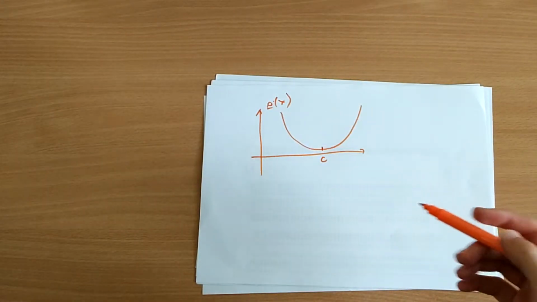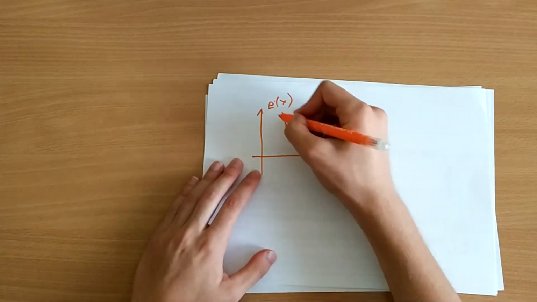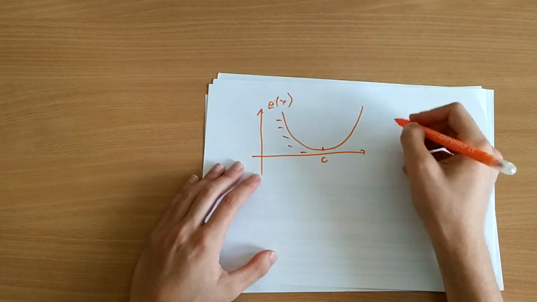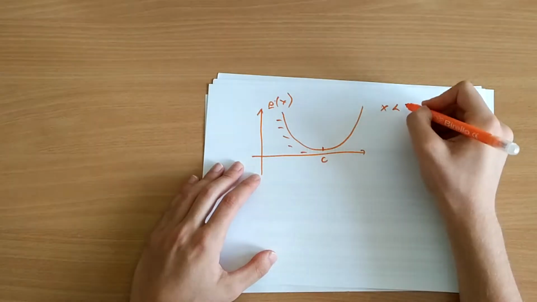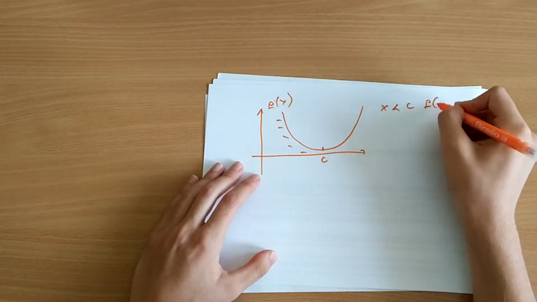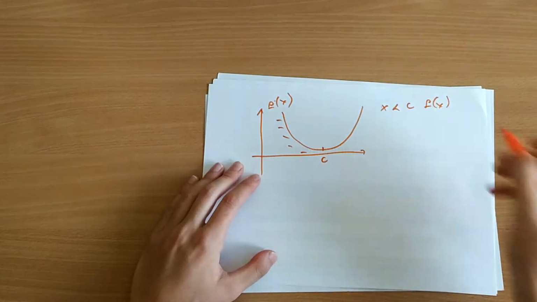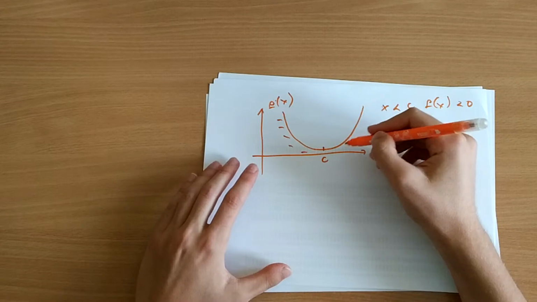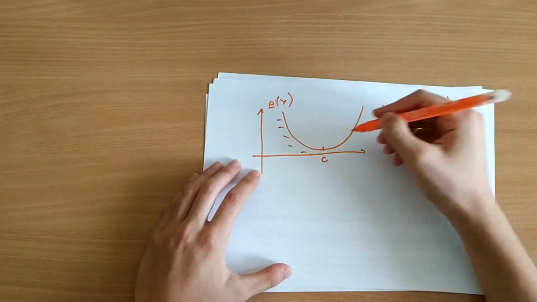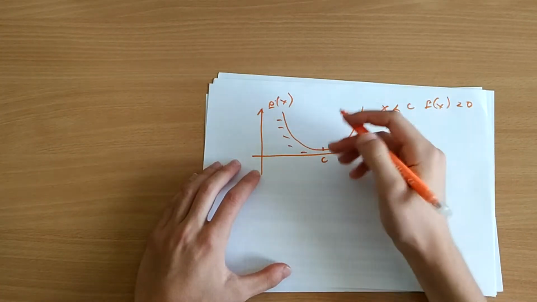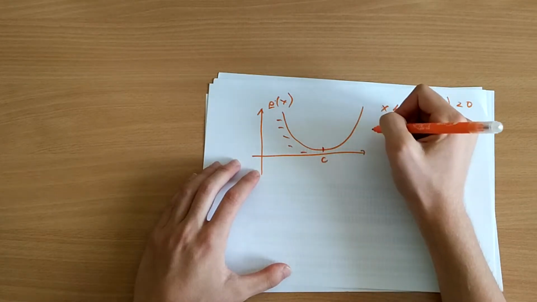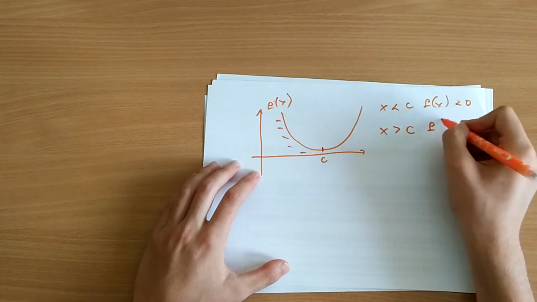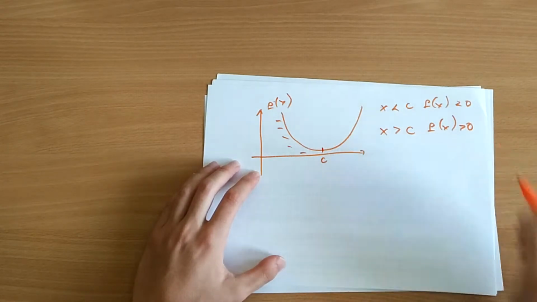Well, on the left side the derivative is negative, or the slope is negative, so when x is smaller than c, f prime of x is negative. And when x is bigger than c, we can see that the derivative on the right side of the point c is positive. So when x is bigger than c, f prime of x is bigger than 0.